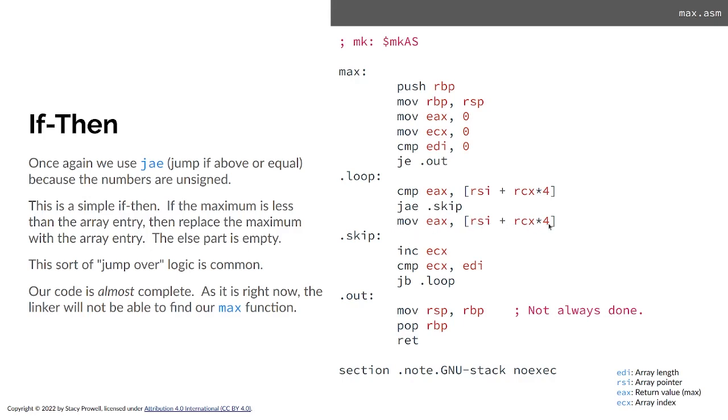Otherwise, I take this value and I put it in EAX. Okay? I could invert that test. I could reverse these two, and I could use below equal, right? Doesn't matter that much. I just like how these look nicely the same. Okay, this kind of jump over logic is super common. Super common. Okay.